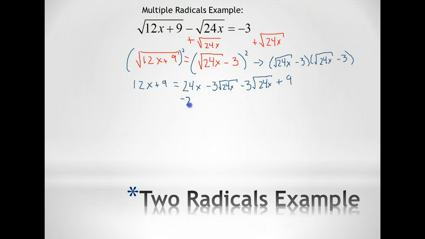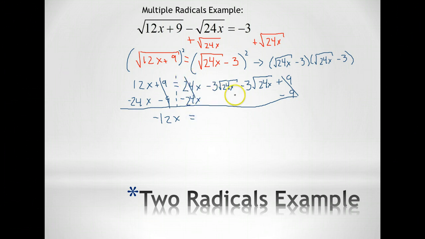So I'm going to move the 24x to the left-hand side. And I'm going to move the 9 to the left-hand side. Sometimes it helps to put a little line between them. And so when I do that, the 9's cancel out on both sides, and I get a negative 12x equals, my 24x cancels over here.